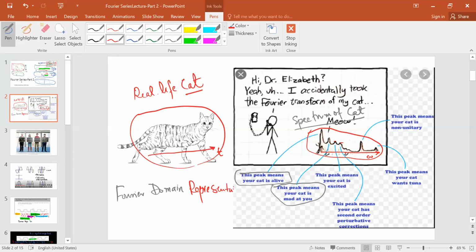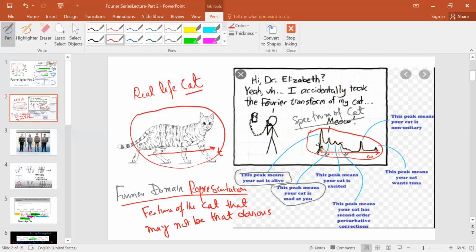Fourier domain representation actually tells you some features of the cat that may not be that obvious from its time domain representation.